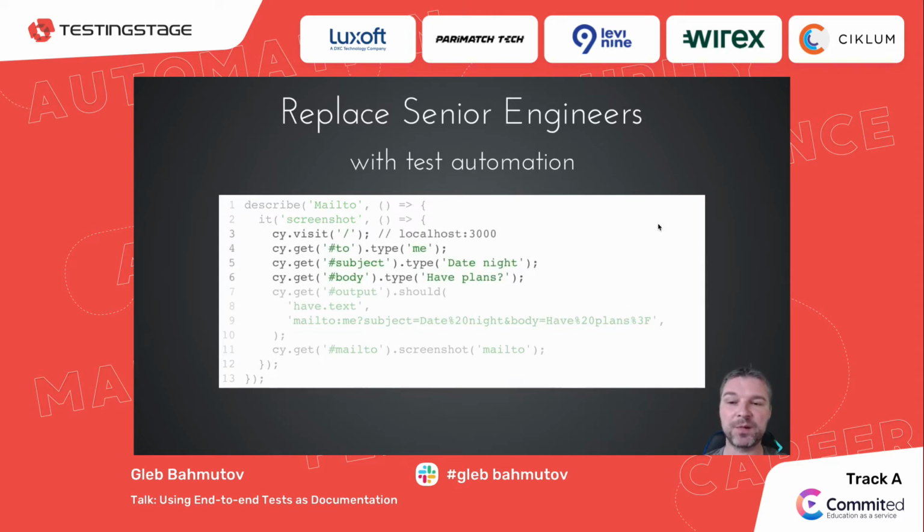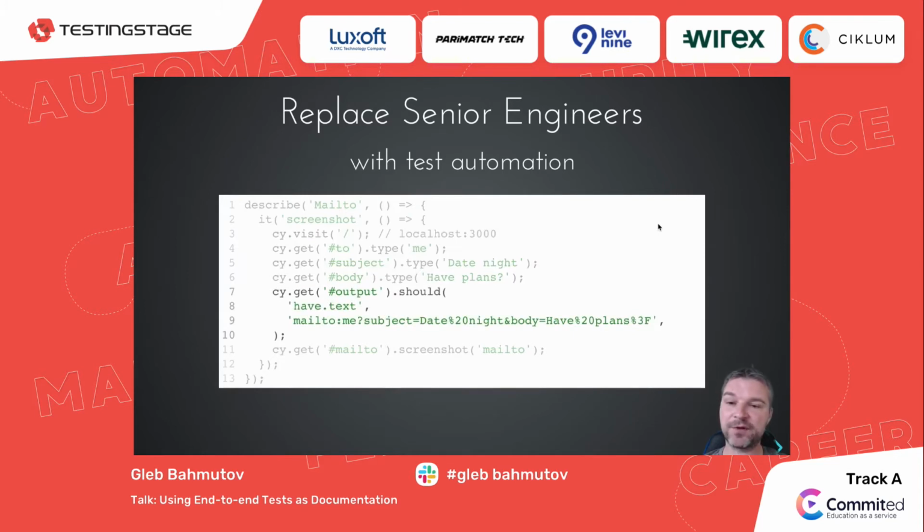First, you want to open the site, visit. These commands in this case will visit localhost:3000. When I'm running this project locally, localhost:3000 is set in the cypress.json file. Then I want to get that field using a selector, in this case ID to, and I want to type me. In the subject input box, I want to type date night, and in the body, I want to type have plans.